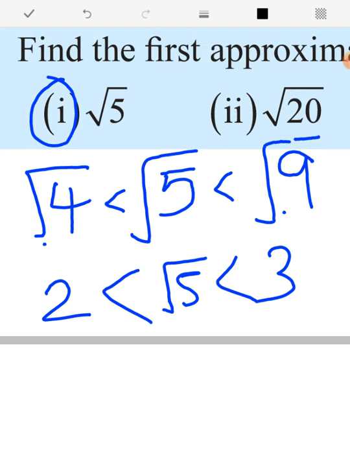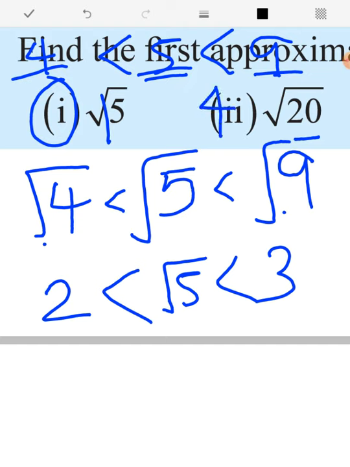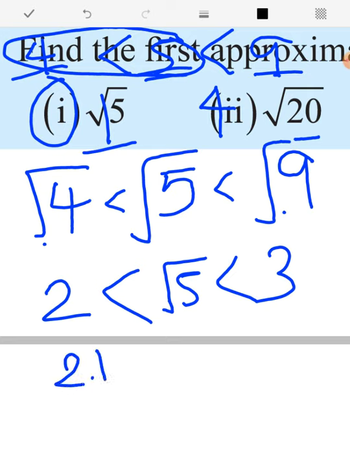So 4, 5, 9. The difference between 4 and 5 is 1. The difference between 5 and 9 is equal to 4. So number 5 is very close to number 4 rather than number 9 because of the difference. So you have to start from 2.1 squared, 2.2 squared, 2.3 squared.